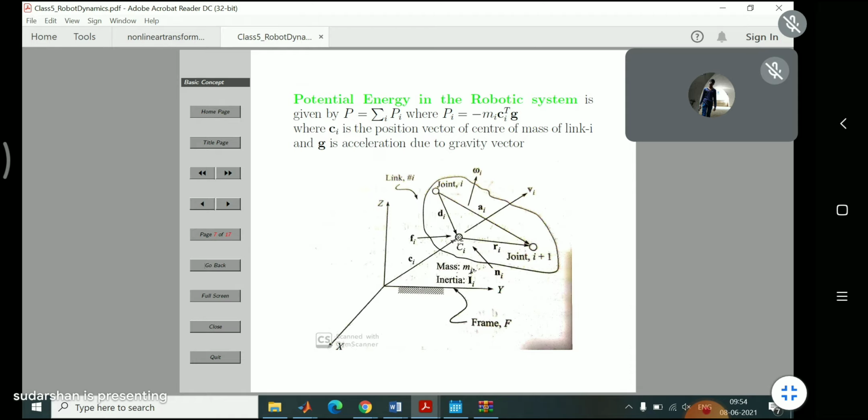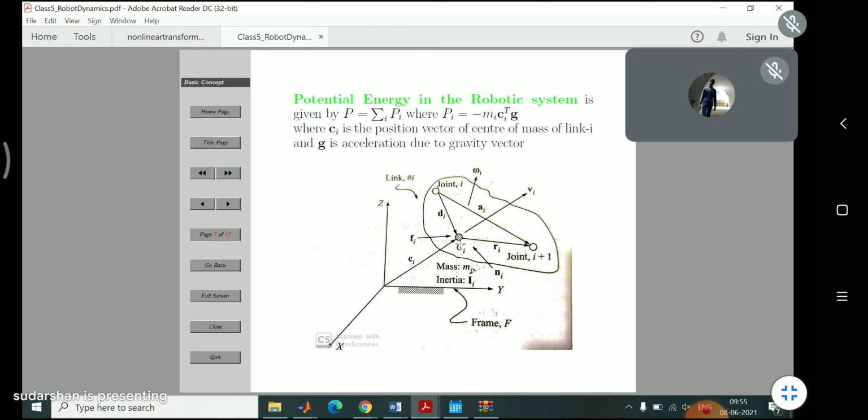Associated with that link, there is a mass mi, a moment of inertia tensor Ii, the velocity vector vi, and the angular velocity vector omega i. So this all corresponds to link number i.